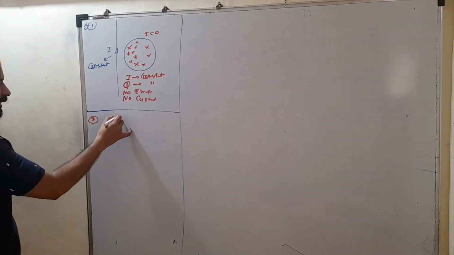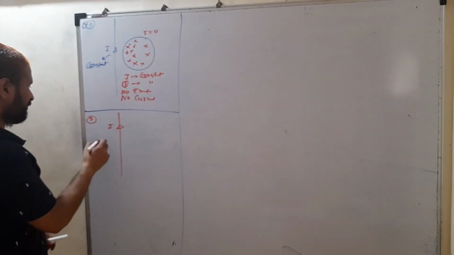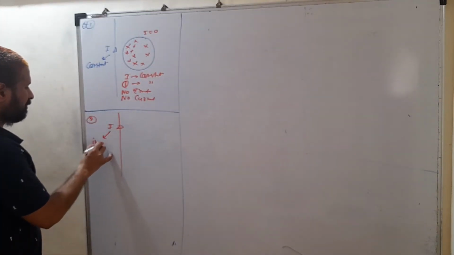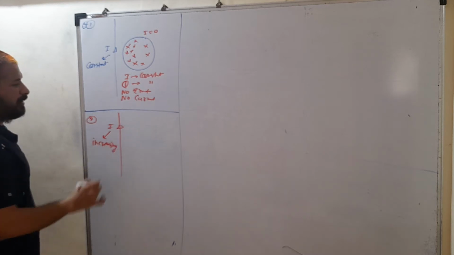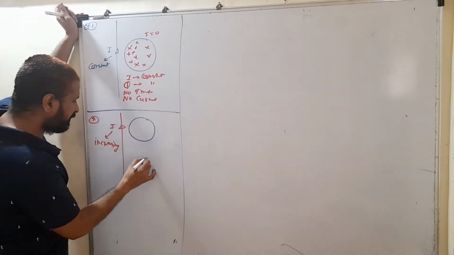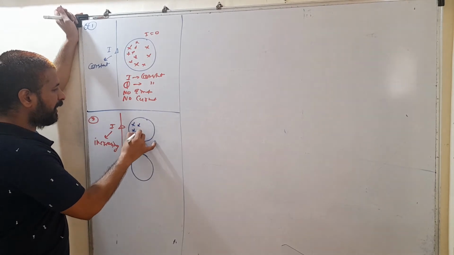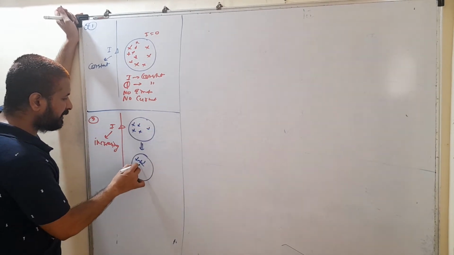And the second case, suppose this current is increasing. So this current is increasing. When current increases, field also increases. तो यहाँ पे देखो, पहले field intensity low रहेगी, and after that field intensity increases.